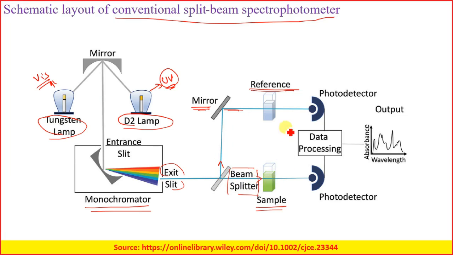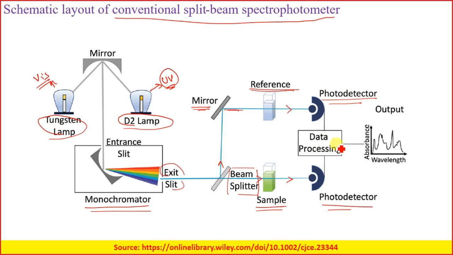Okay, through the reference the radiation interacts with the solvent or the reference sample, and in the sample cell you have the sample component. The radiation passes through these and then reaches the photodetectors, two independent photodetectors, and then we do some data processing.